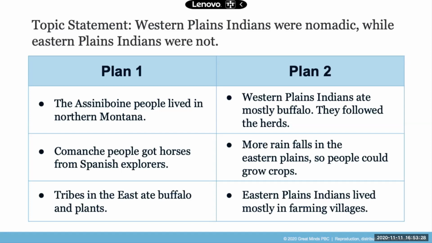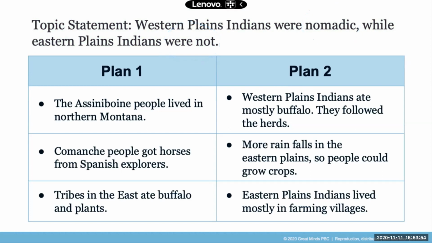The topic statement is, Western Plains Indians were nomadic, while Eastern Plains Indians were not. Now we need to choose the points that best support this topic statement. The key words in this topic statement are nomadic and were not nomadic.